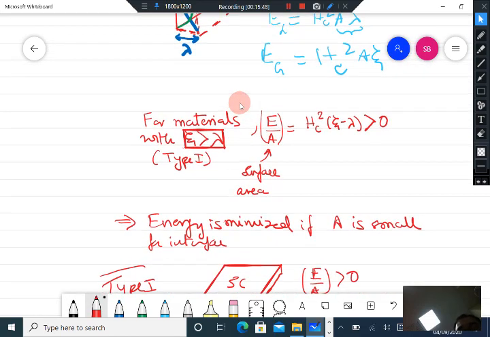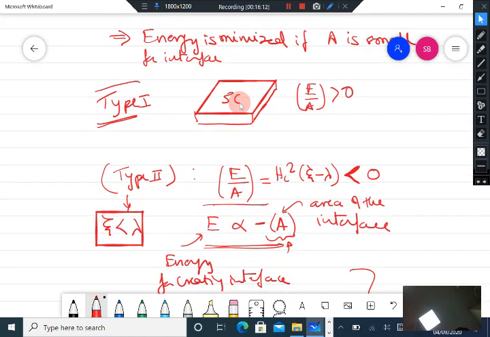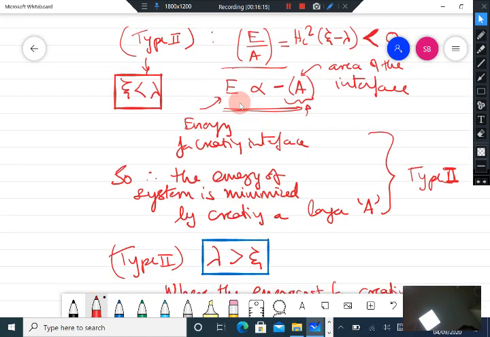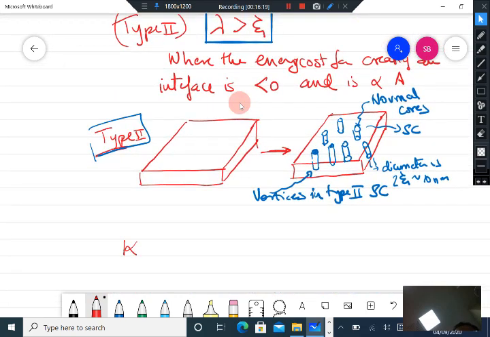Let me just repeat. In type 1 superconductors the coherence length is greater than lambda. Recall, coherence length is the size of the Cooper pair, or the distance over which superconductivity is lost when you approach a normal superconducting boundary, and lambda is the distance up to which magnetic field penetrates into the superconductor. So if xi is greater than lambda you have type 1, and if xi is less than lambda you have type 2. And this whole thing is actually characterized by a parameter kappa, which is lambda by xi.